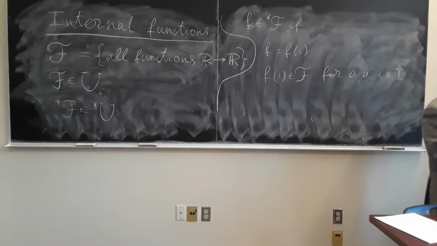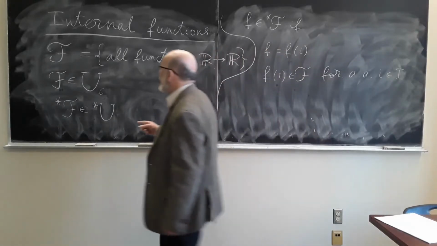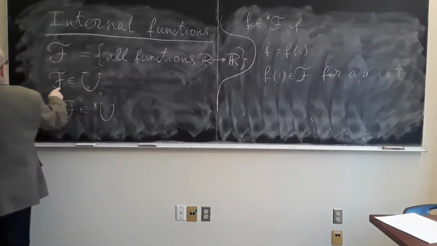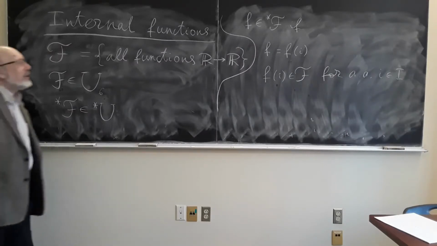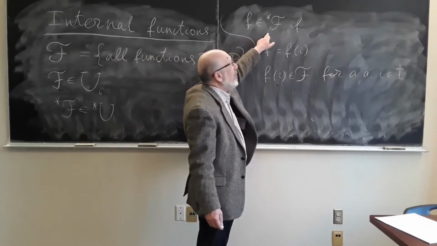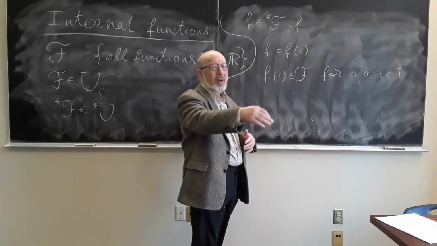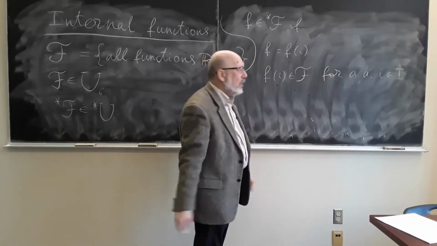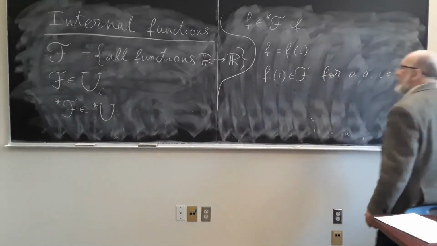The function should be a map from somewhere to somewhere. If f is a function from some set in R into R, then it would be natural that the function in star F is a map from some set in star R into star R. We can, of course, recover this.